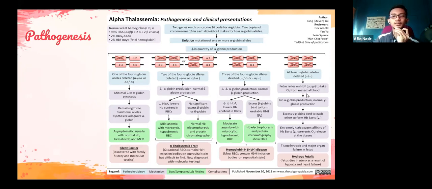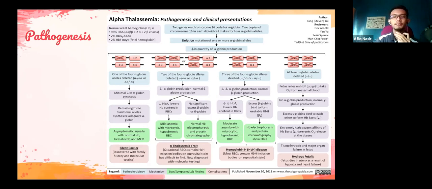In hydrops fetalis, there is no production of alpha globin chain. This will cause production of hemoglobin Bart's, which has a tetramer of gamma globin chain, and Hb Bart's has an extremely high affinity towards oxygen.